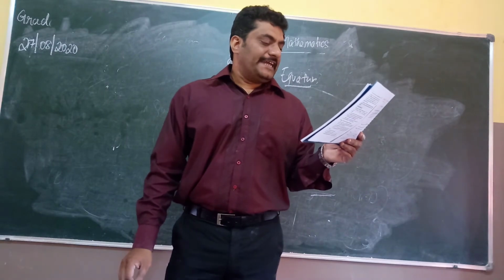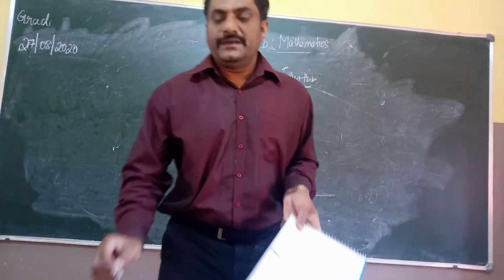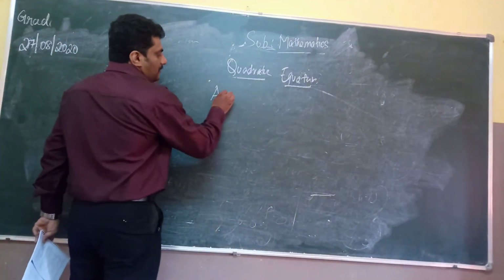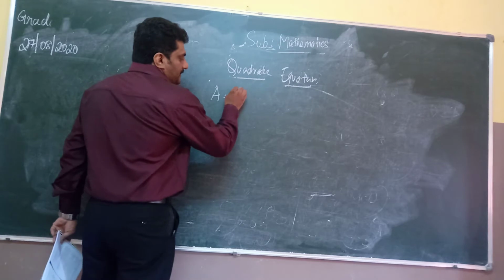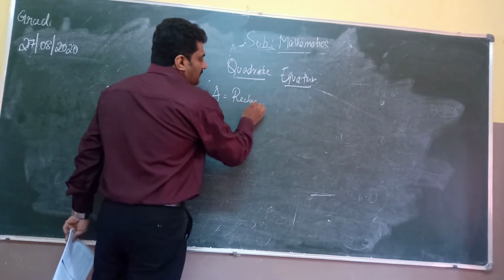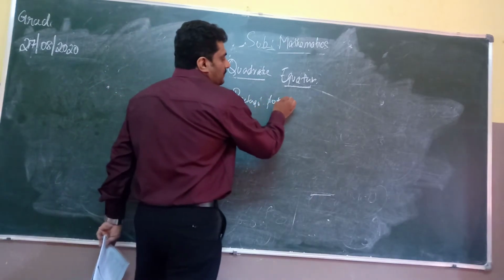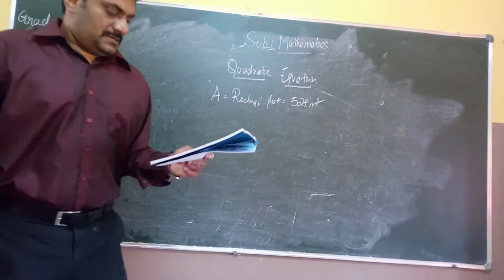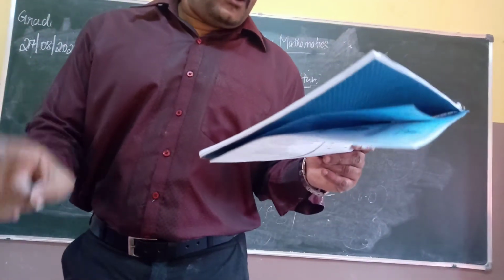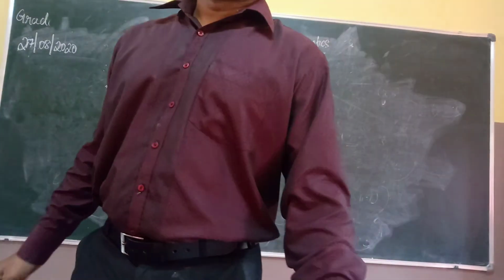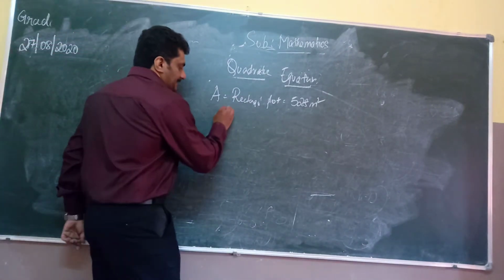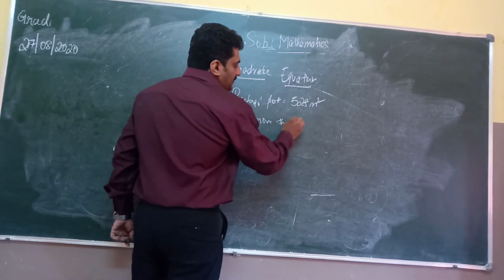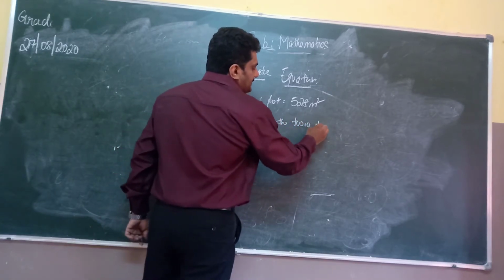The area of a rectangular plot is 528 meters square. They are given that the length of the plot is 1 more than twice its breadth.